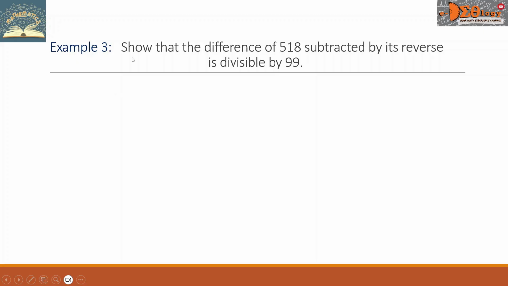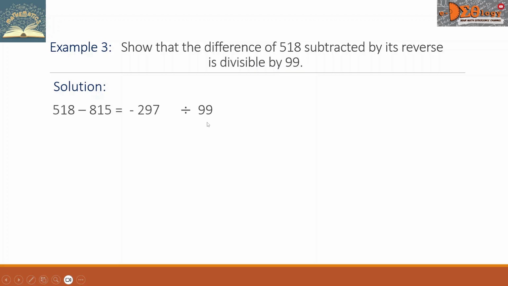Example 3. Show that the difference of 518 subtracted by its reverse is divisible by 99. The number given is 518 minus the reverse, which is 815. The difference is negative 297.